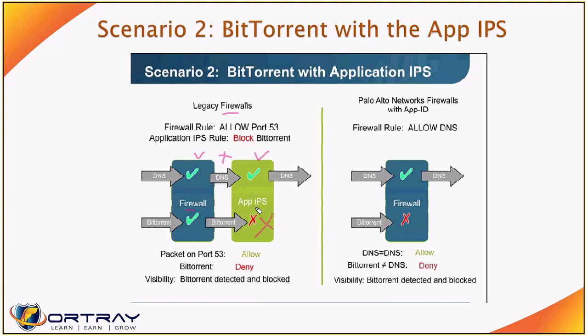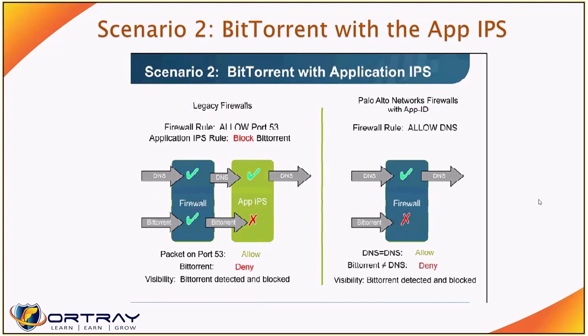So with a legacy firewall, you need two devices, the application firewall separate and the IPS separate. But with the next generation firewall with app ID, you can just allow the DNS traffic and the BitTorrent will be blocked, because you don't need a separate IPS. The IPS functionality is already built into the firewall.